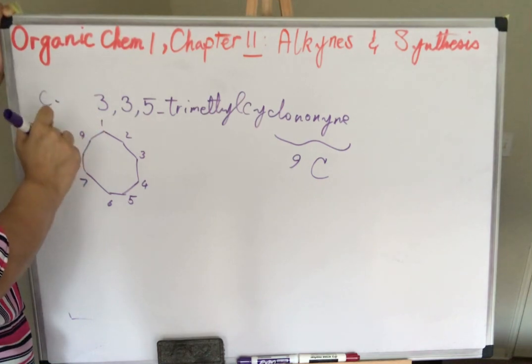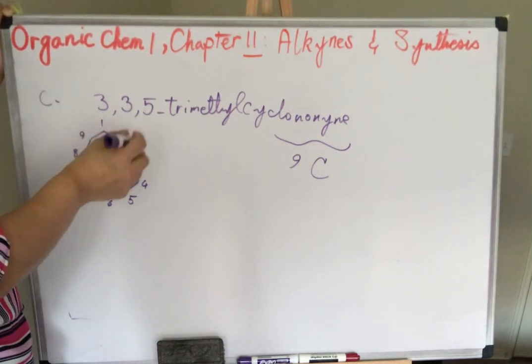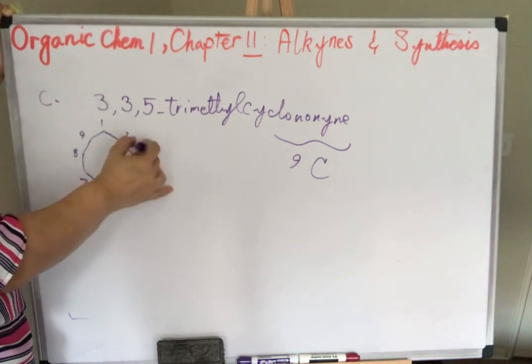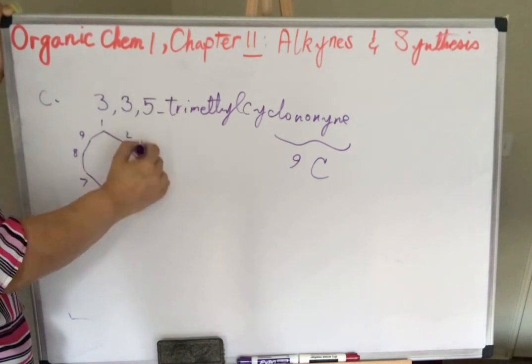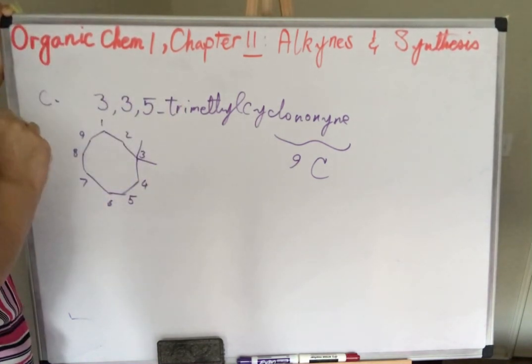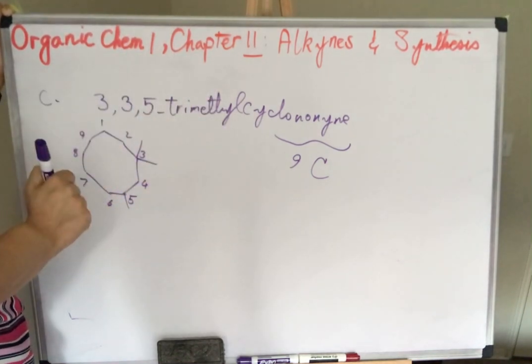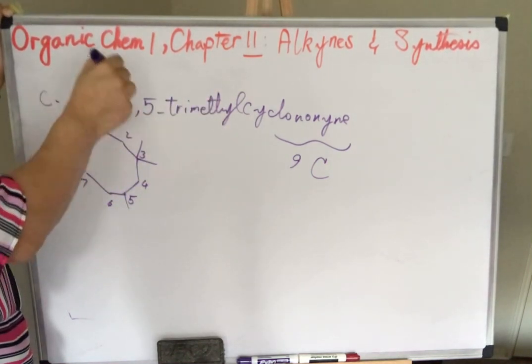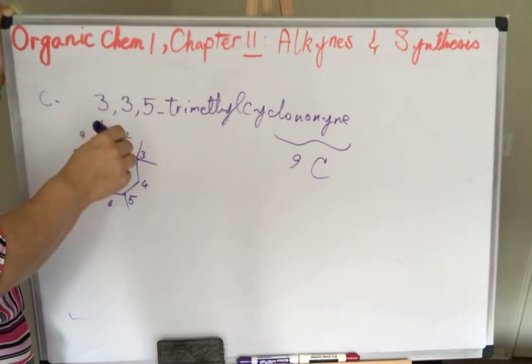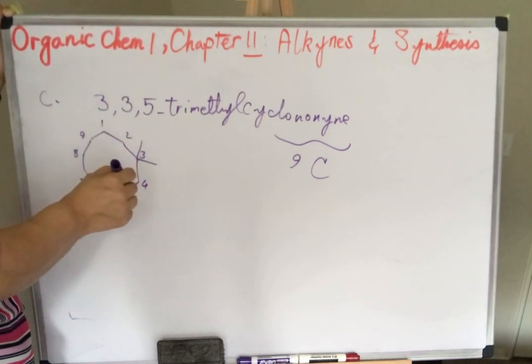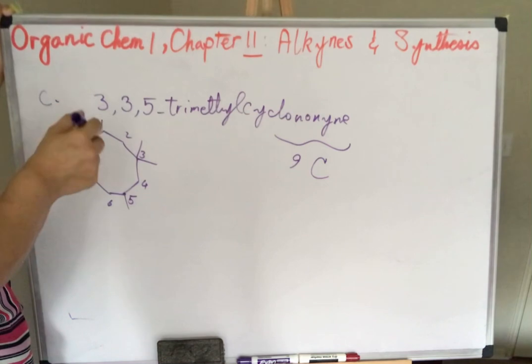On the 3, we have 2 methyl groups. On the 5th carbon, we have the 3rd one, right? Because you have a total of 3, and on the 3rd carbon, you have 2 of them. The last one falls on the 5th carbon.